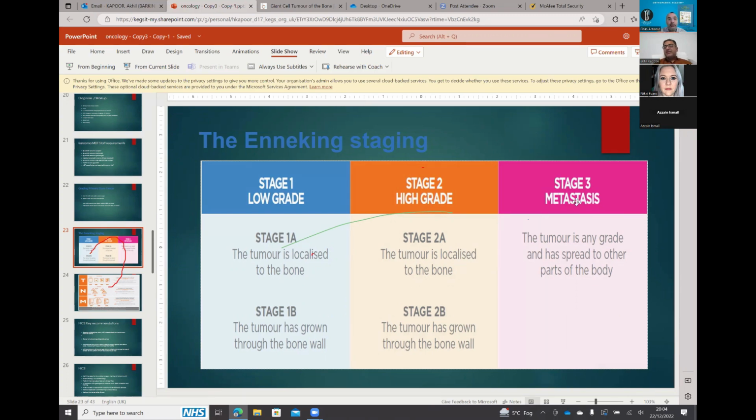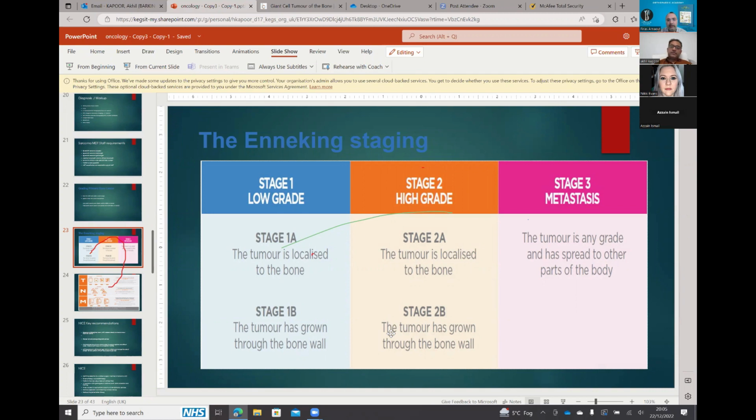And then stage 3 is when the tumor, irrespective of what we found as regards the tumor cells and what the grading is, has spread beyond the boundaries of the compartment of the bone and has gone to other parts of the body, or metastasized. So that's stage 3. Great.